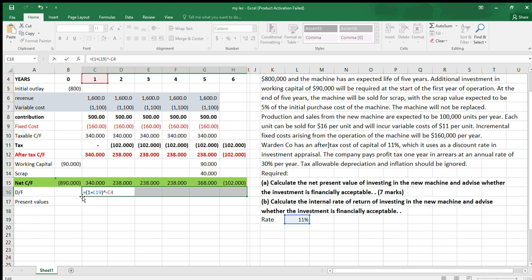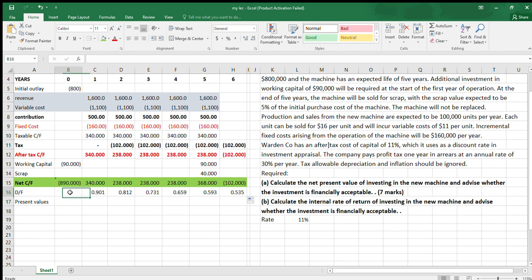So if you want the percentage to be constant in the formula, you have to lock it, and by locking it, before the L you bring the dollar sign, which is shift plus 4, and after the L you bring the dollar sign. So we have locked the percentage. Now we can repeat the formula and it's going to give us the actual figure. That's it. Simple. But here the discount factor will be 1 because the year is 0. Any figure with exponent 0 is 1. So the discount factor will be just 1.